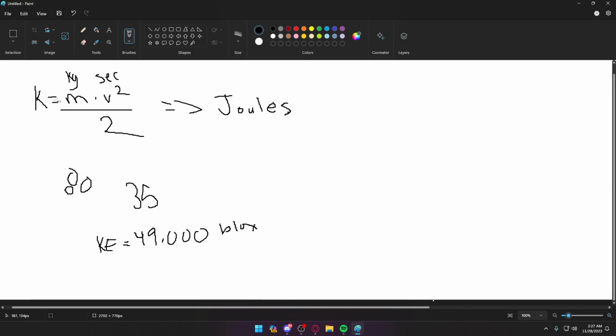Pretty simple. If you have grams, use your conversions. I think it's 10 to the negative third or 10 to the third, I forget. You have to search that up. But if you're doing grams, it's grams times 10 to the negative third or positive, I don't know. You have to figure that out yourself.